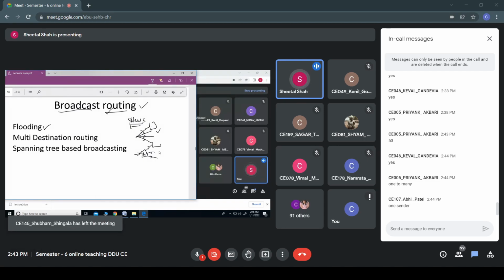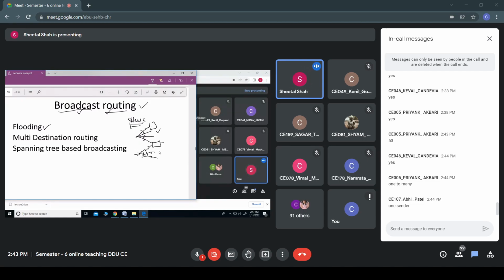So what happens here, to reduce the number of packets just moving within the network, we can use selective flooding. That means it can flood only in a particular direction wherever the hosts are present. So that is one way of achieving broadcast routing.